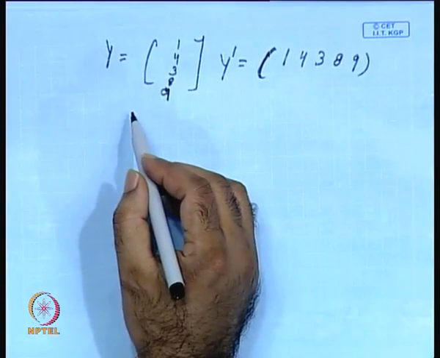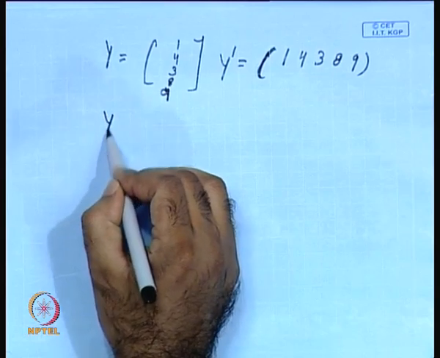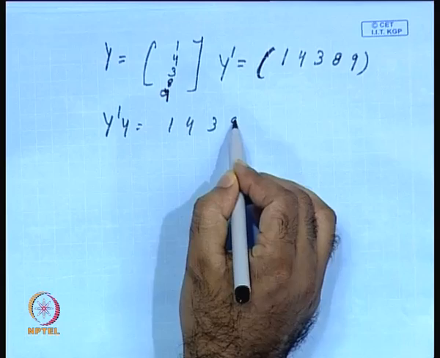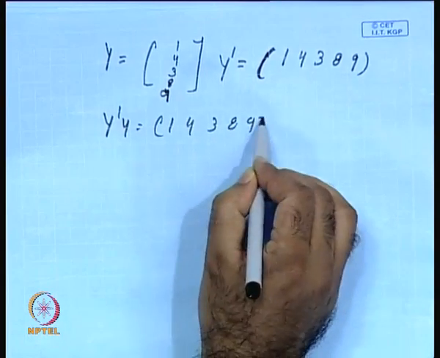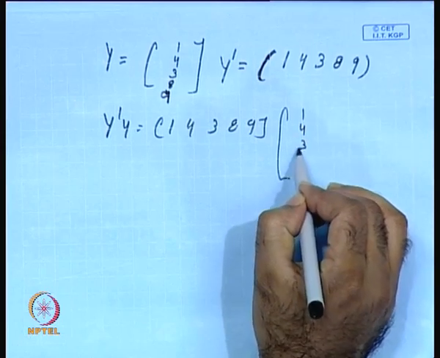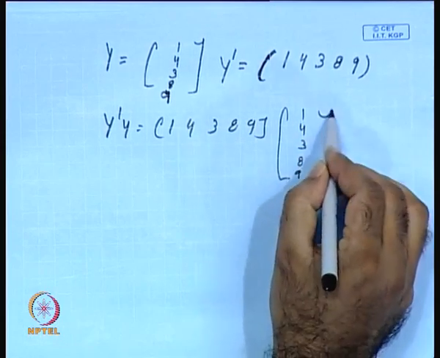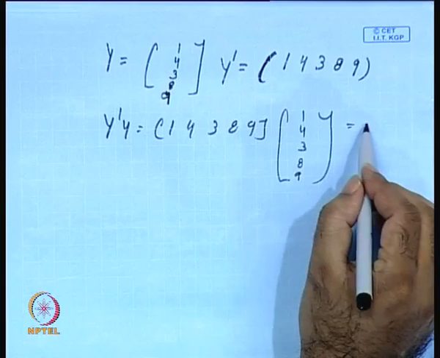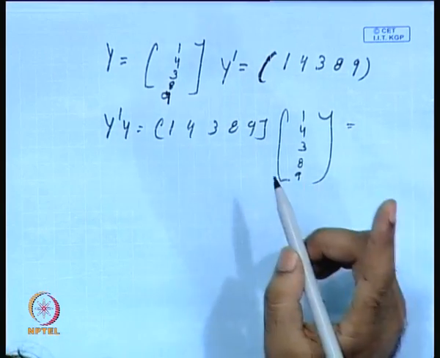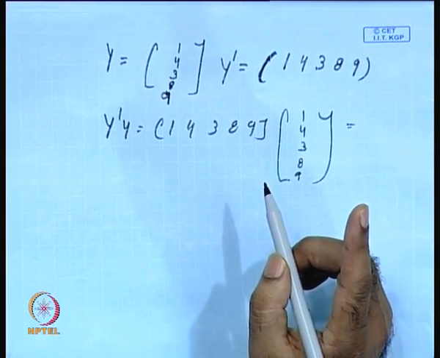Now we would like to know what y transpose y is. So y transpose y is nothing but the row 1 4 3 8 9 multiplied by the column vector 1 4 3 8 9. This will give you summation y squares.